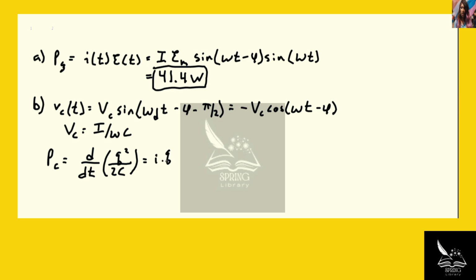So we end up getting I times Q over C. This is the voltage across the capacitor. So you'd already know what I of t is. We just found out what V sub C of t is. And so the rate at which the energy in the capacitor is changing is negative 17 watts. So the capacitor is discharging at this point in time.